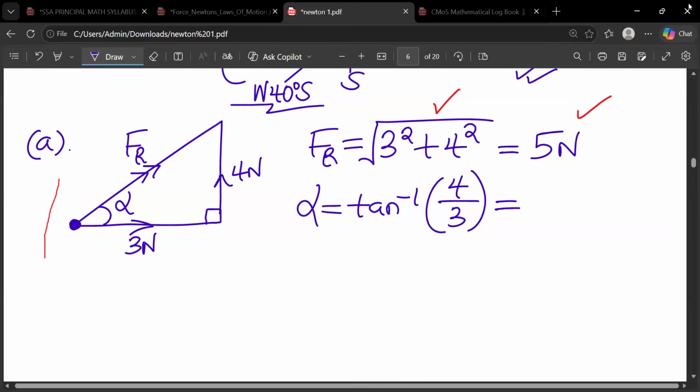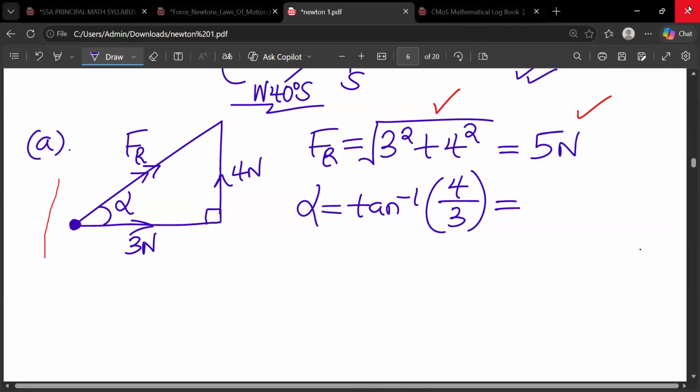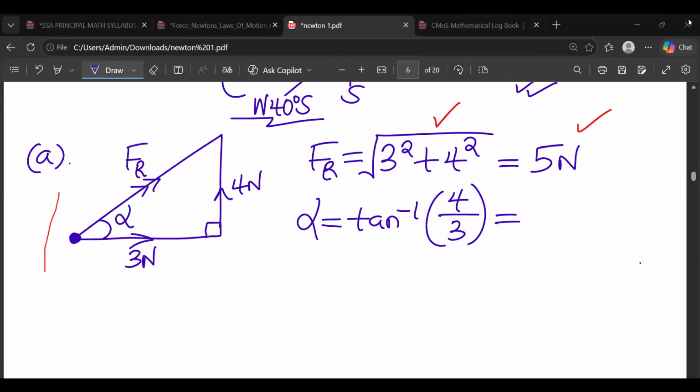You people, hurry, tell me that angle. Someone is giving me 53.13. Those who attended my old classes, you are very well aware that angles are supposed to be to 2 decimal places. So you're supposed to take that serious.